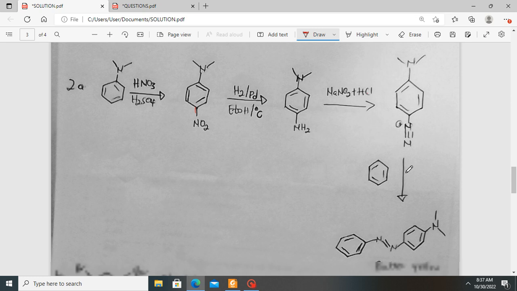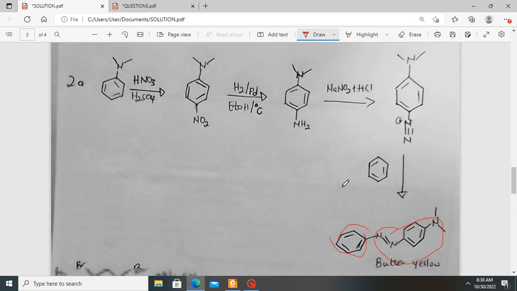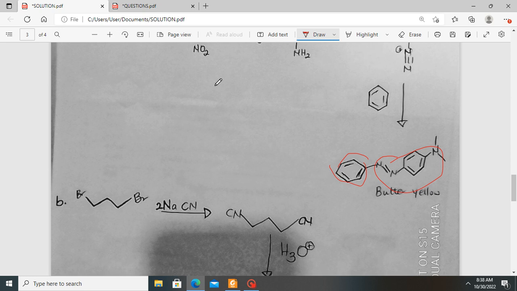Addition of the benzene ring to the diazonium salt will link the benzene ring to this compound. So this is the benzene ring, and this is the added diazonium ion that we added. So this is basically how the beta yellow is synthesized.